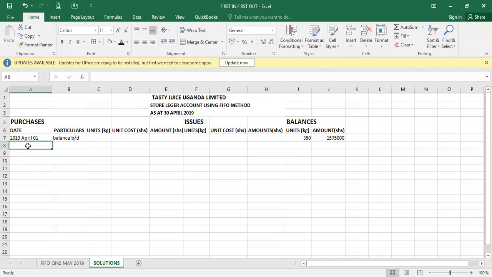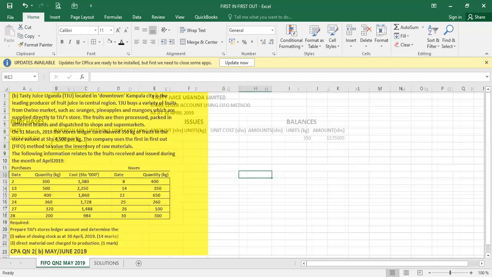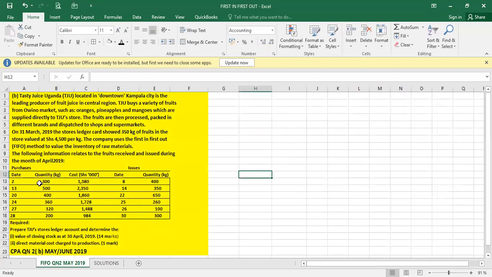Then when we go to the second, I'm just going to put second. What did we have? We bought. We started with the purchase. On first, the date, we did not have any transaction except the balance we had. Then on second, we had 300 units. These 300 units, they were all at 1,380,000. It means we have to look for the unit cost by taking the total cost divided by the number of units to get our unit cost.